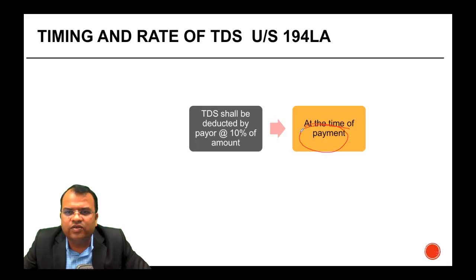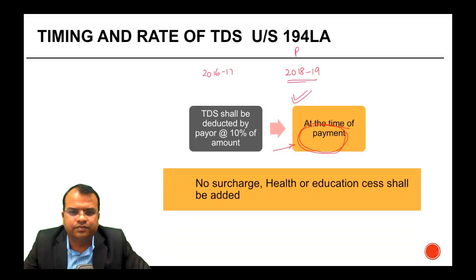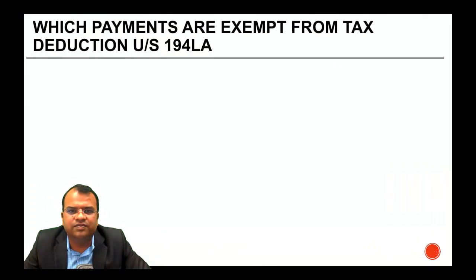It's not in the year of acquisition, but the year when the payment is made for compulsory acquisition. So if the acquisition was done in 16-17, but the payment was done in 2018-19, then TDS has to be deducted at the time of payment. There is no surcharge, health or education cess, which has to be added to the rate of 10%.